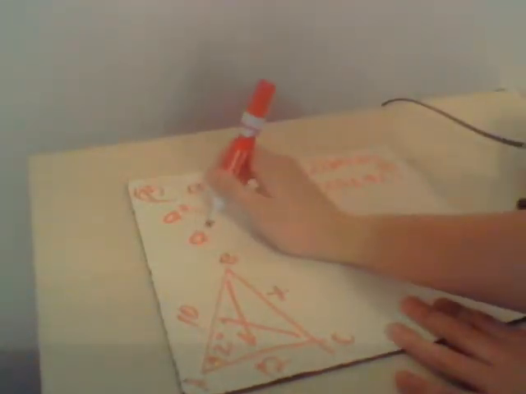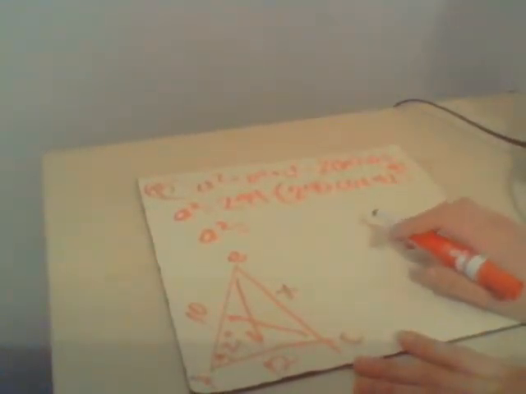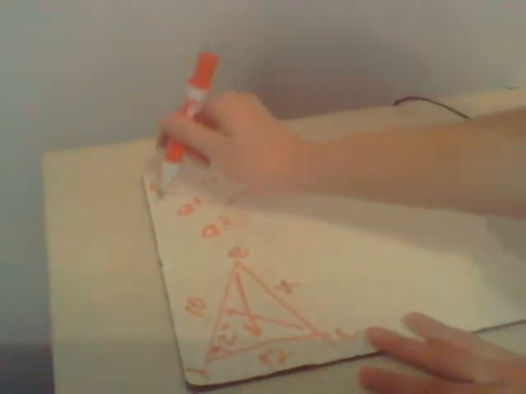Now we're going to use this first because we know the cosine. Also, since we're trying to find a squared, we don't need to move cosine to the opposite side of the equation since we're trying to find the side length instead of the angle now.